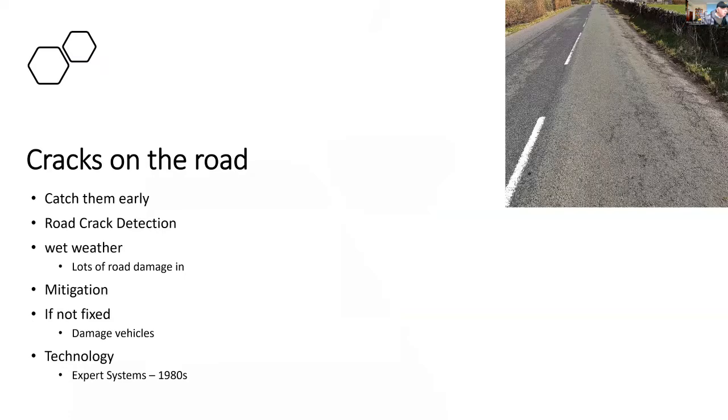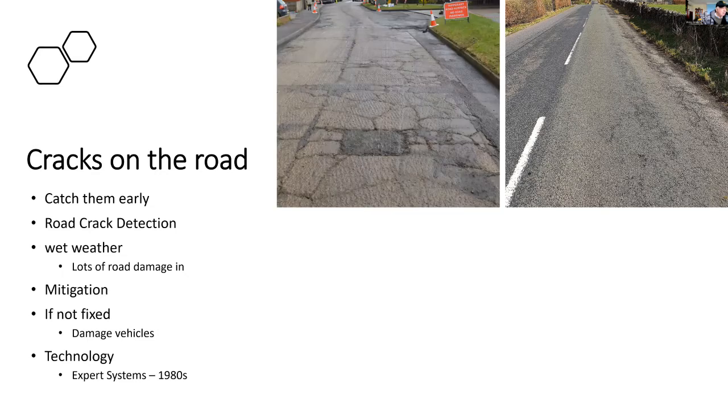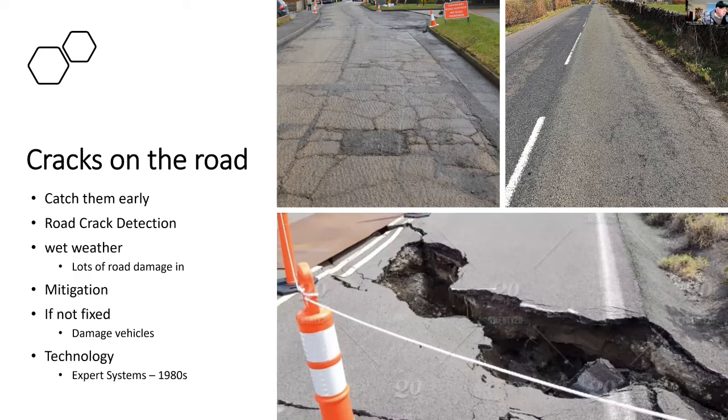The other area that I was interested in, and civil engineers in the RTA wanted to solve, was the problem of identifying cracks as early as possible. You might see these cracks on the road, and as a result of lots of recent bad weather and rain, the condition of our roads has deteriorated. The earlier that we can detect the cracks and fix them up, the safer it will be for motorists.